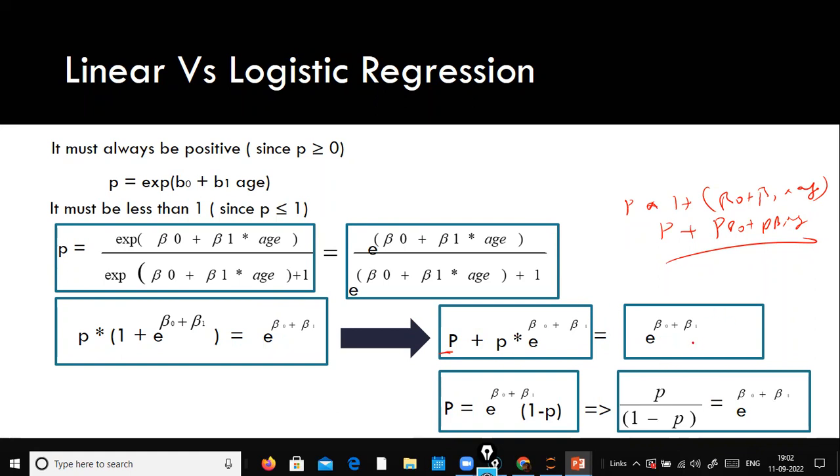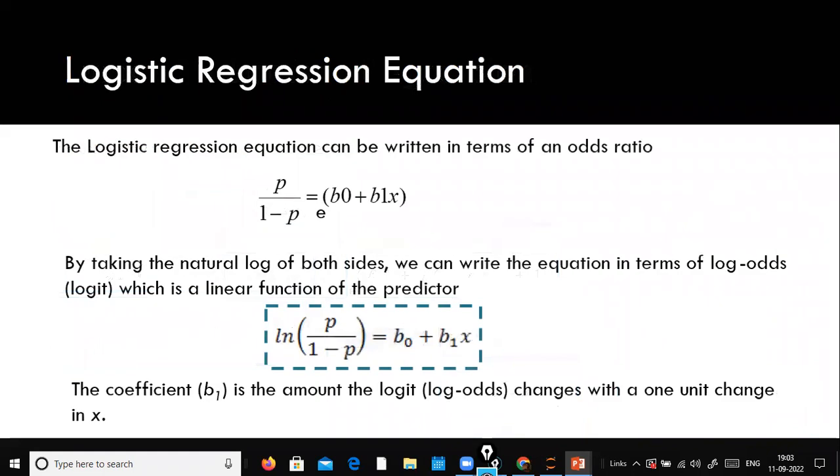In this case, P is equivalent to e to the power beta naught plus beta 1, and if this one goes to the right side, it will be a negative value, right? If you take this one common and take the log on both sides, you will finally get this equation: natural log of P over 1 minus P is equal to beta naught plus beta 1x.